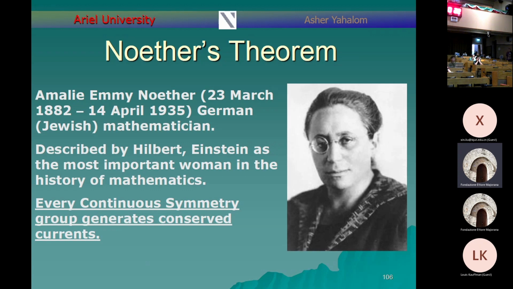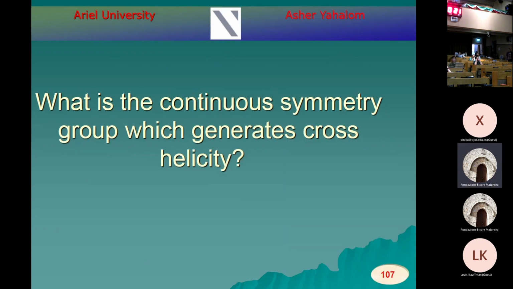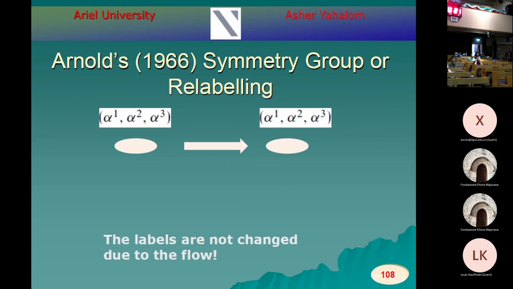She was described by Hilbert and Einstein as the most important woman in the history of mathematics. And there is a famous theorem that every continuous symmetry group generates conserved currents. So here is the question: what is the continuous symmetry group which generates cross-helicity?